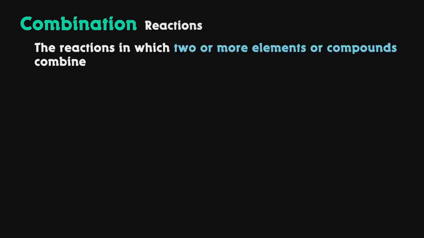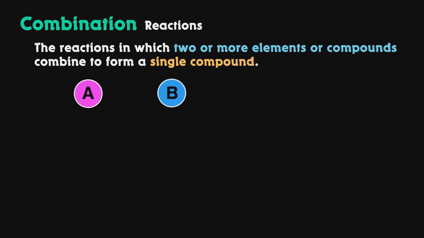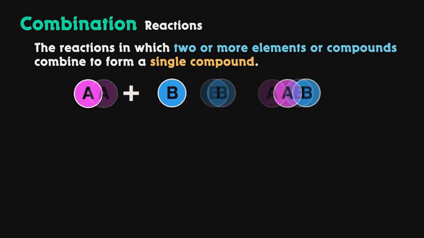Let's see. What is the combination reaction? The definition can be: the reactions in which two or more elements or compounds combine to form a single compound. That means in these types of reactions, two or more chemical substances combine to form a completely new one, and that is a single one.